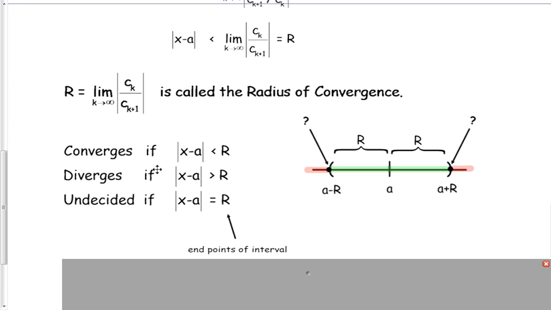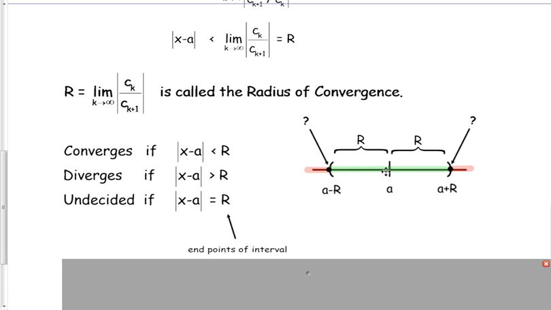Now, the power series converges if the absolute value of x minus a is less than R. The power series diverges if the absolute value of x minus a is greater than R. And if the absolute value of x minus a is equal to R, we don't know whether it converges or not, because this refers to exactly the endpoints. This happens when x minus a is equal to R or negative R, and so that boils down to being these two endpoints.